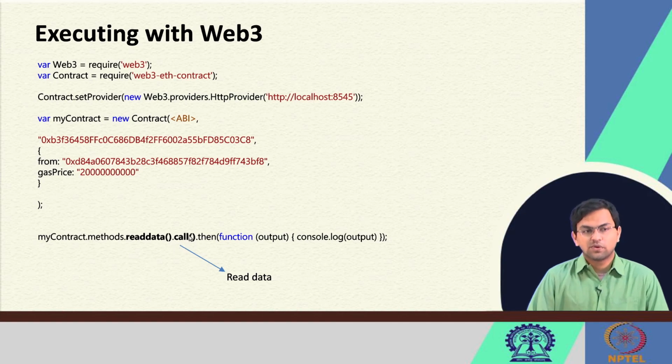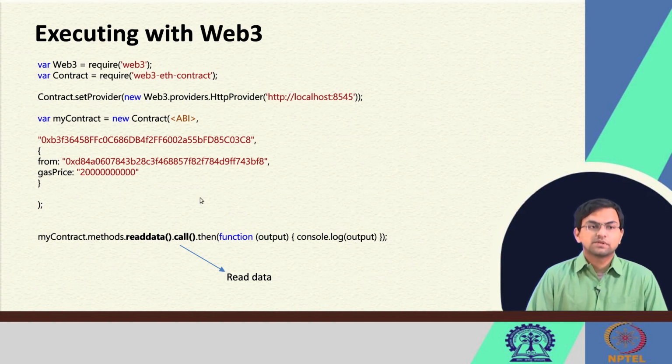Call means it won't be sending any transaction to the ledger. Instead it will just read the latest ledger state, find out what data it needs to read for read data, and give that as the output. To print the output, we can specify dot then and pass the function console.log. Similarly, this is for reading data.